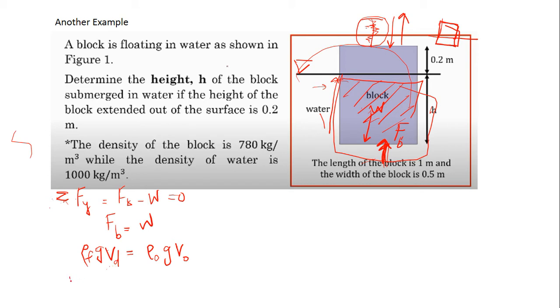So you have rho of fluid times g times A times HD.